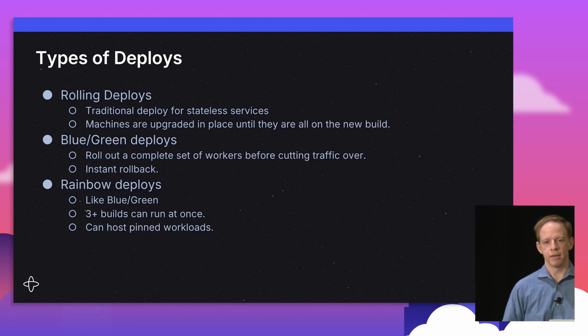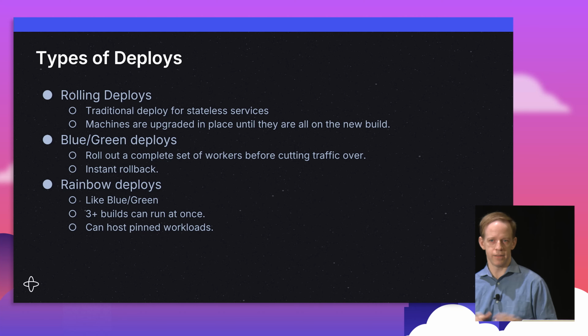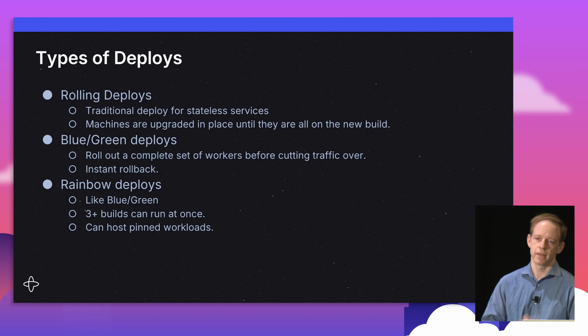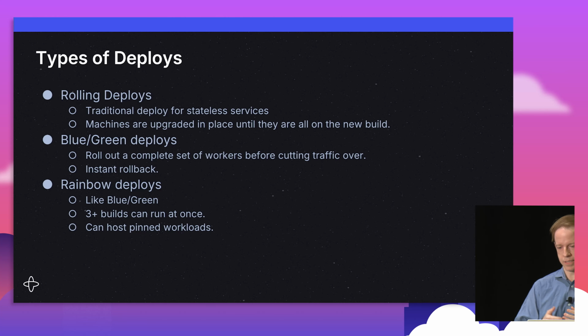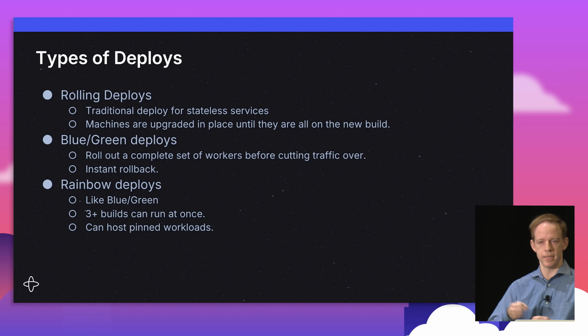Number two is something that many of you probably haven't thought about, which is that there are different flavors of deploys. The traditional type of deploy that people use for stateless services and for workers today is called a rolling deploy. In this type of deploy, you've got, say, 10 workers, and you're going to just zip through them and upgrade the builds in place as you're doing a deployment.